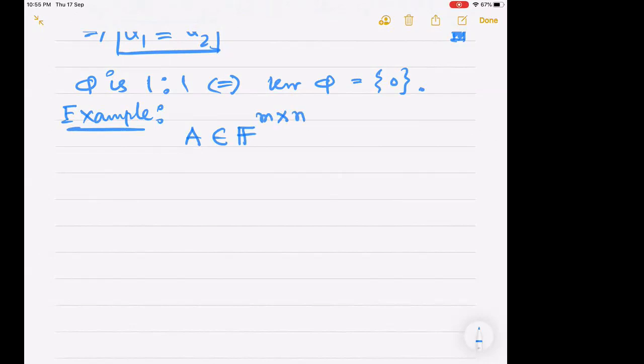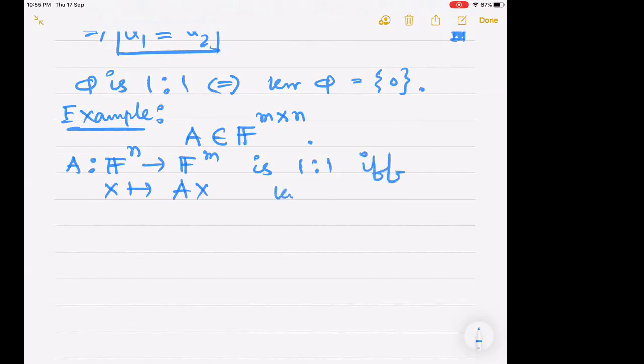This map, which maps vectors in F^n to vectors in F^m, where x is sent to A times x, is 1 to 1 if and only if kernel of A is equal to 0, which means Ax equal to 0 implies x is equal to 0.